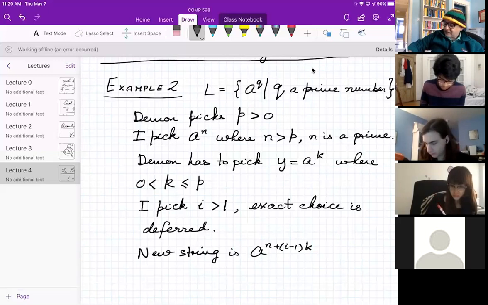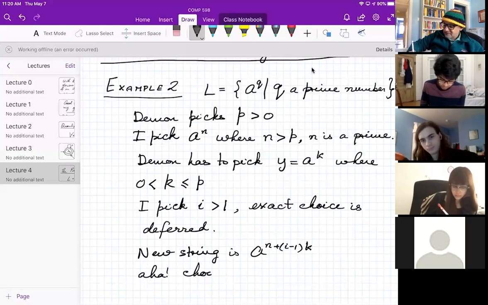Okay. And now I look at that and say, how can I make sure that this thing is not a prime number by choosing I appropriately? So now I say, aha, choose I equals n plus 1.